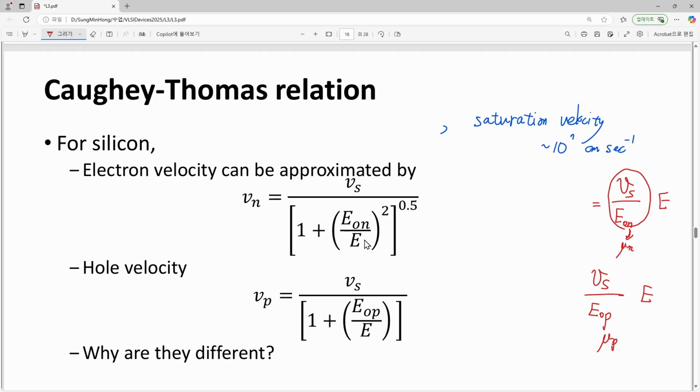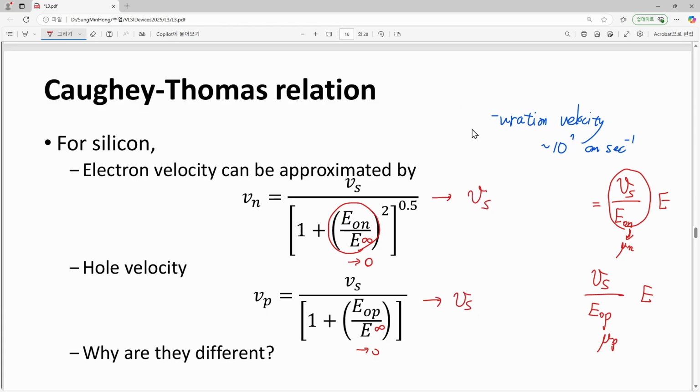If we have almost infinite electric field, then this term will rapidly approach 0, and this entire term will become the saturation velocity.